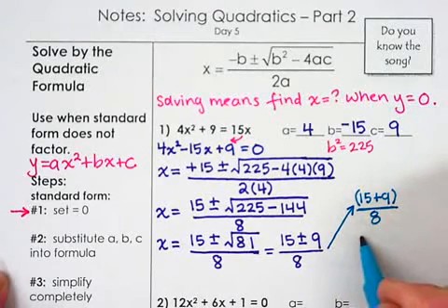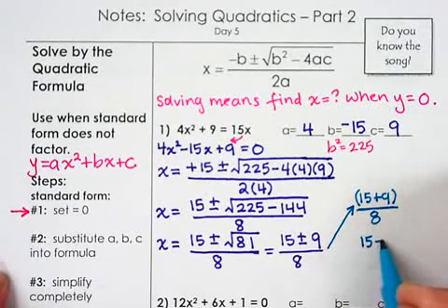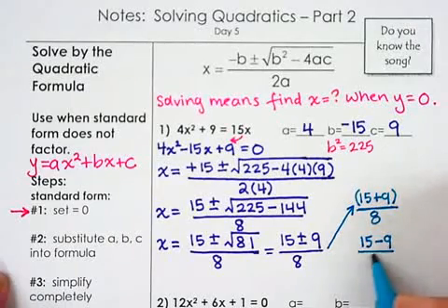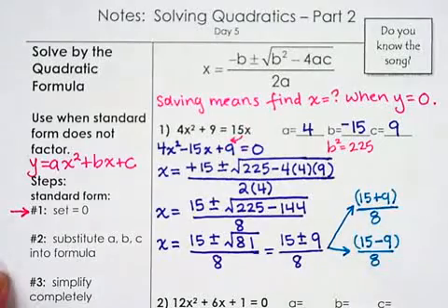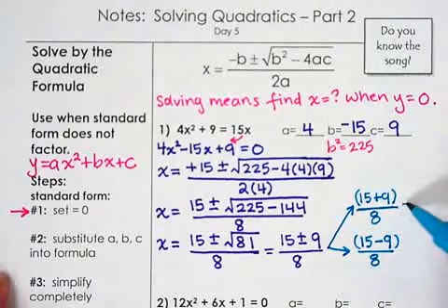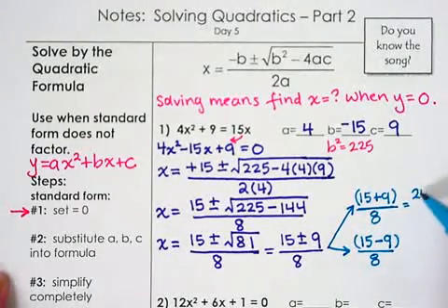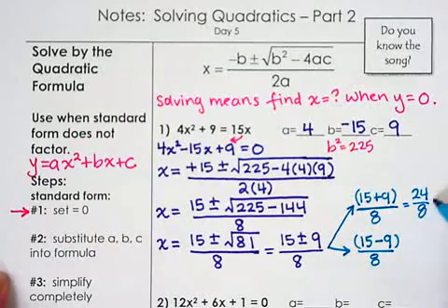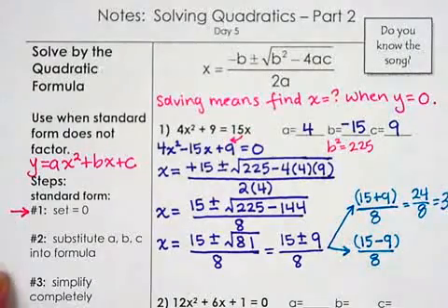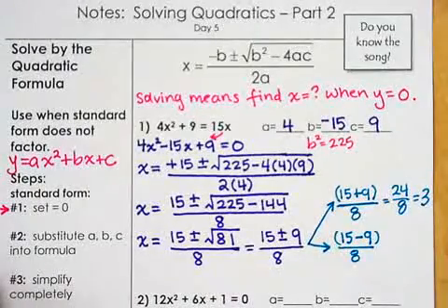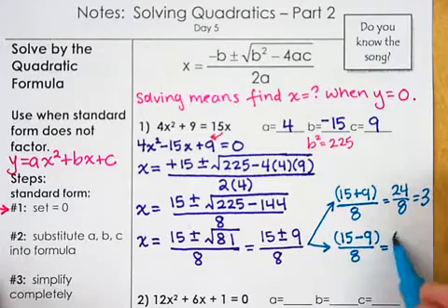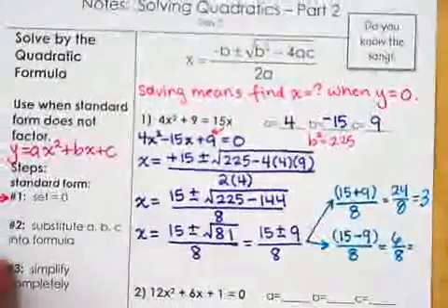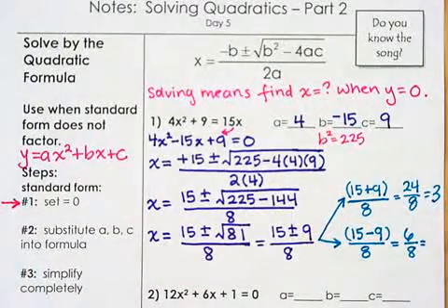And then I do it again, and I do the 15 minus 9 all over 8. So I separate it out. And this is going to equal 24 divided by 8, which is 3. And then 15 minus 9, it was 6. 6 divided by 8, and we always want to reduce our fractions, reduces to 3/4.